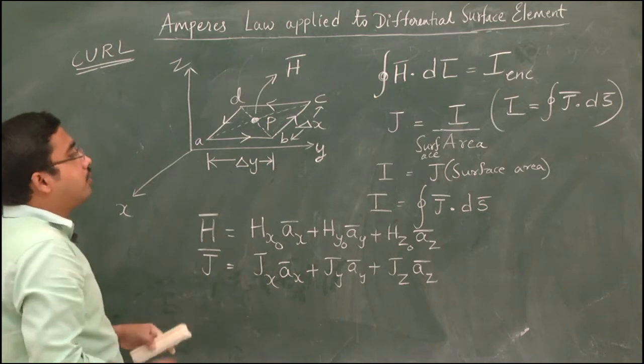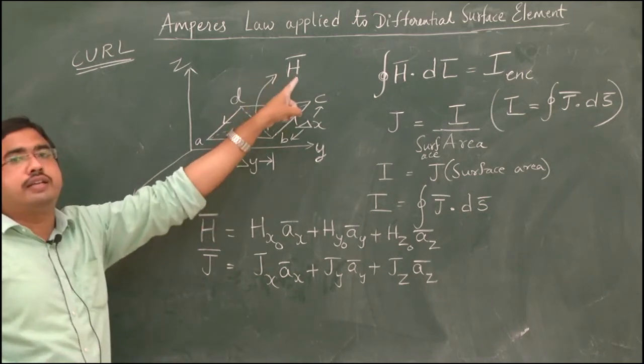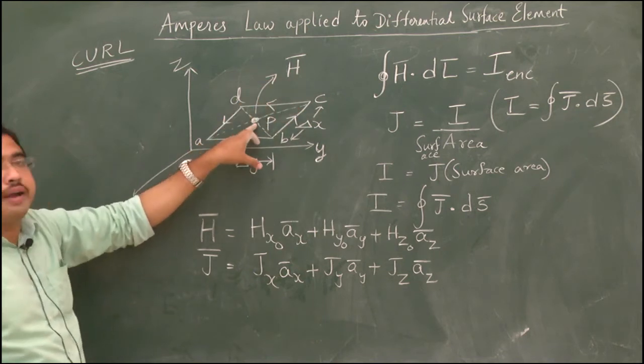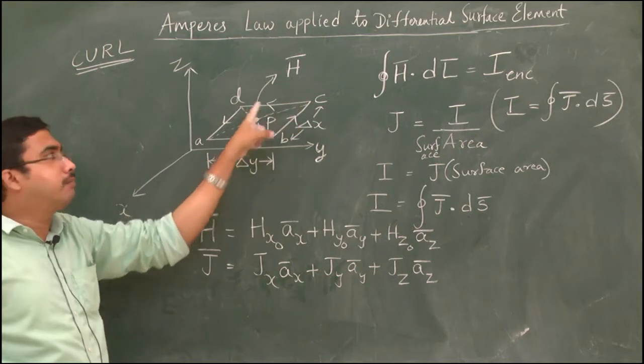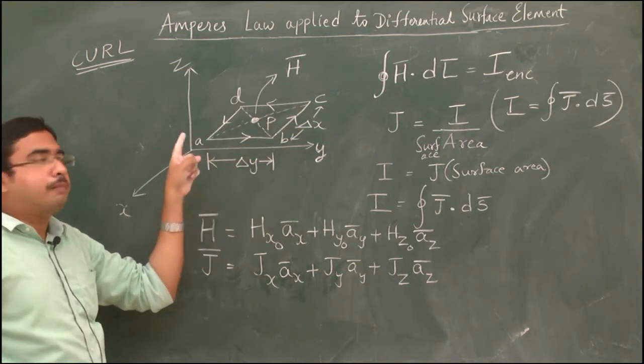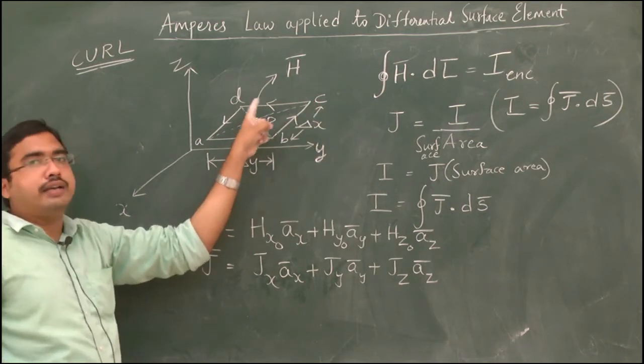Now I want to find the magnetic field intensity H bar at this point P, which is exactly at the center of this Amperian path ABCD. That means paths AB, BC, CD and DA.